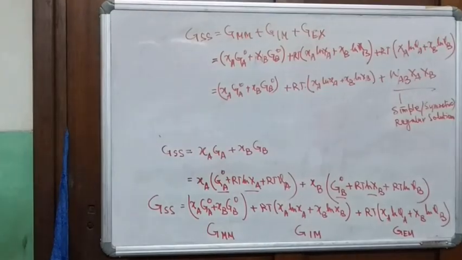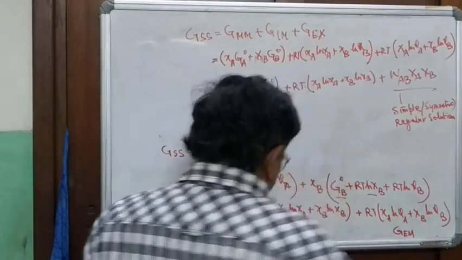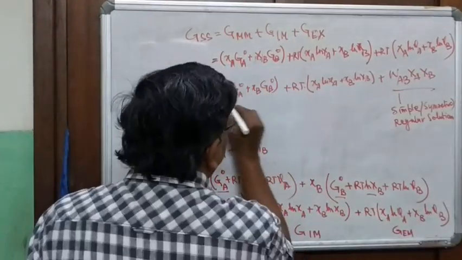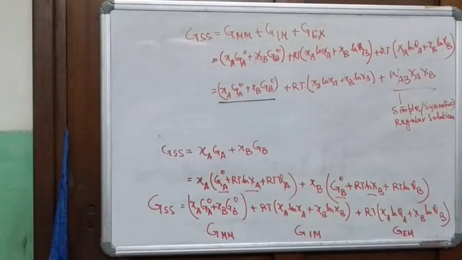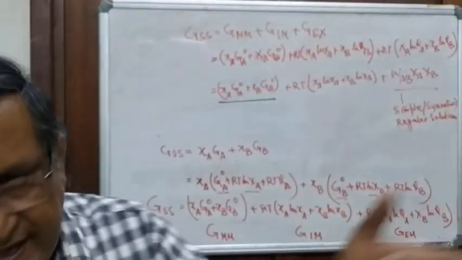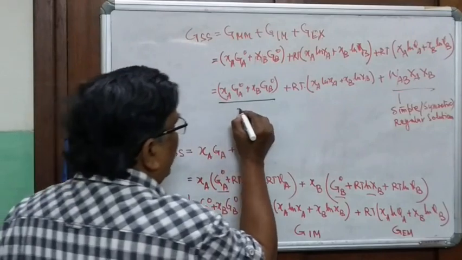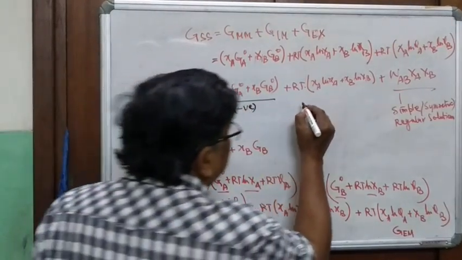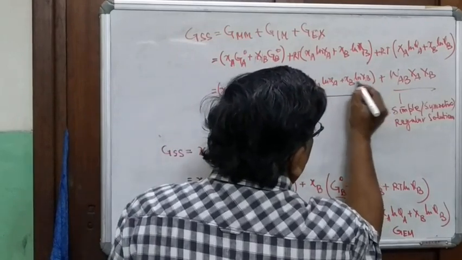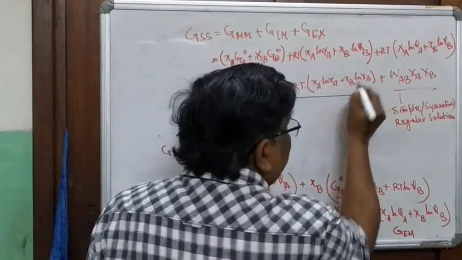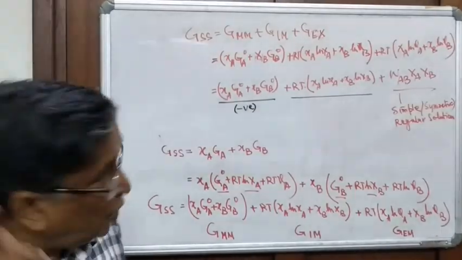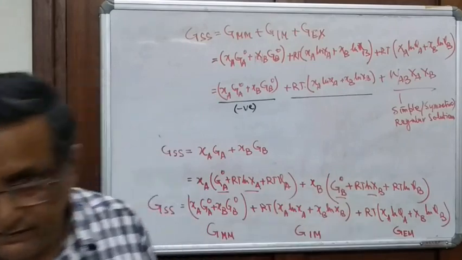Just one small thing. This term you see here is always negative because free energy is a negative term. This term, you see X_B, X_A are all less than 1, so ln terms are all negative.